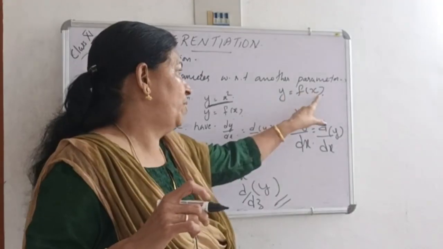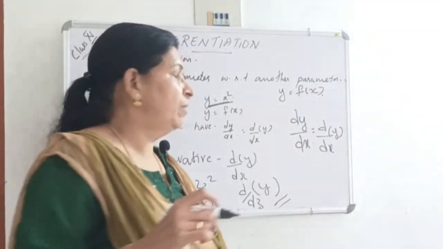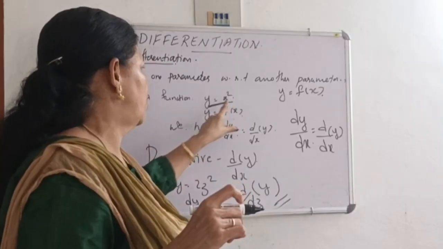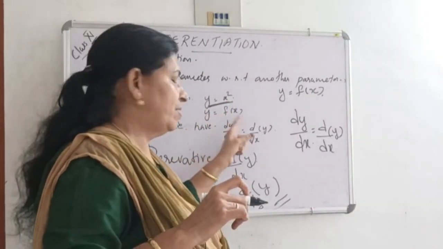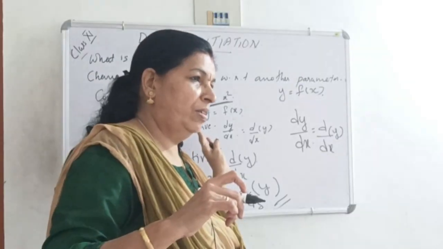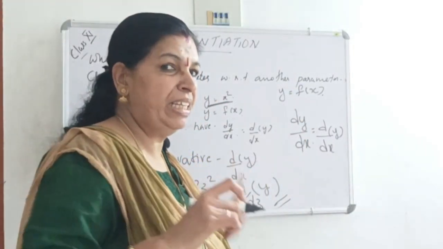Here there are two parameters, y and x, the variables which can change. Consider the function y equal to x square, y equal to f(x). If y is a function in x, we have to find d by dx of y.